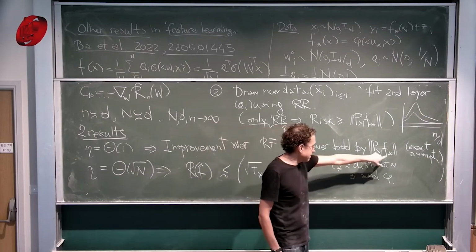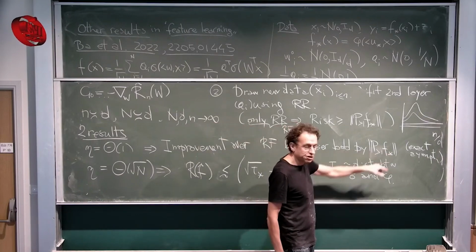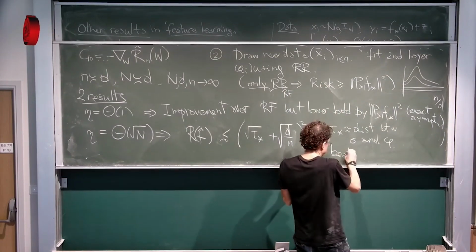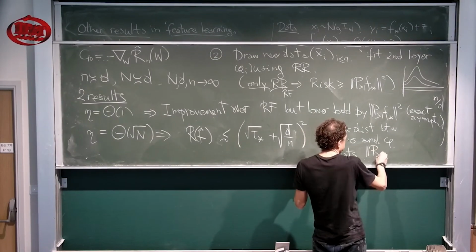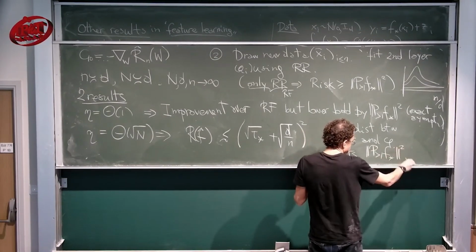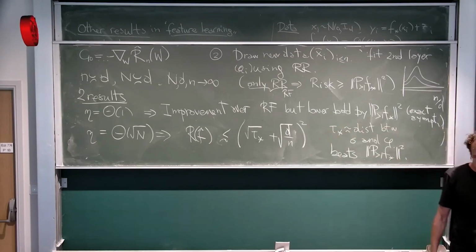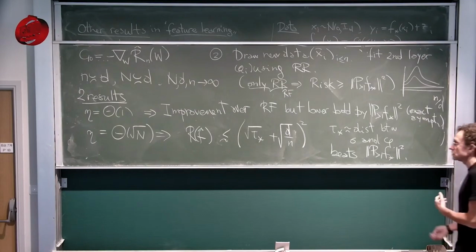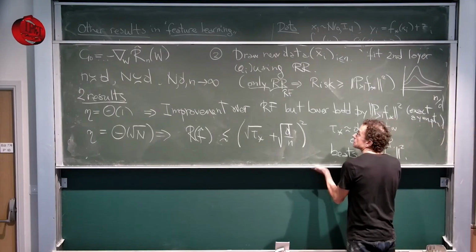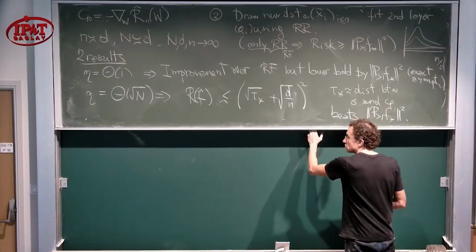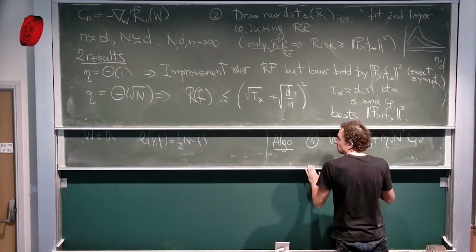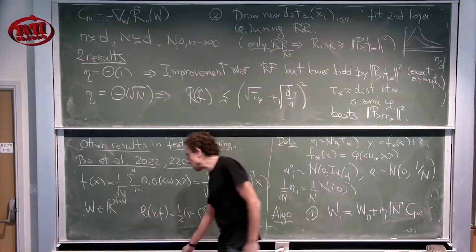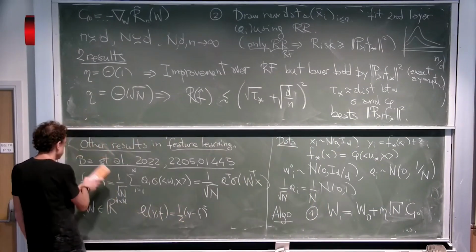In particular, in general, it will beat this floor. So this method beats just the random features model. The reason you get that is by just doing one big step of gradient.